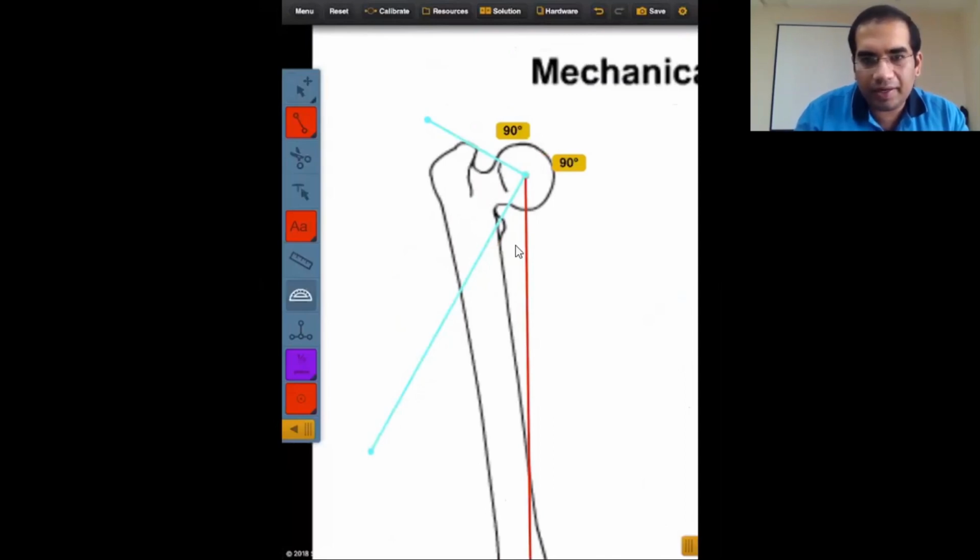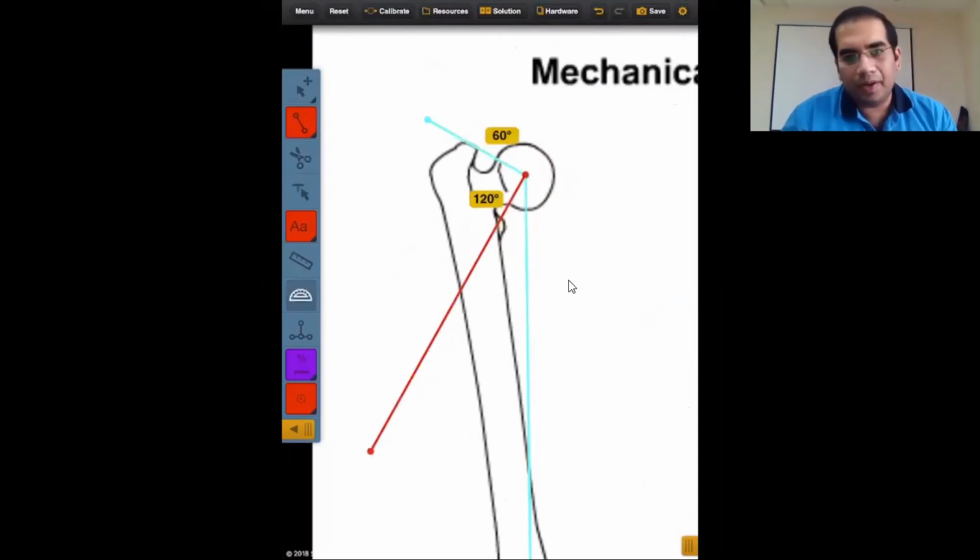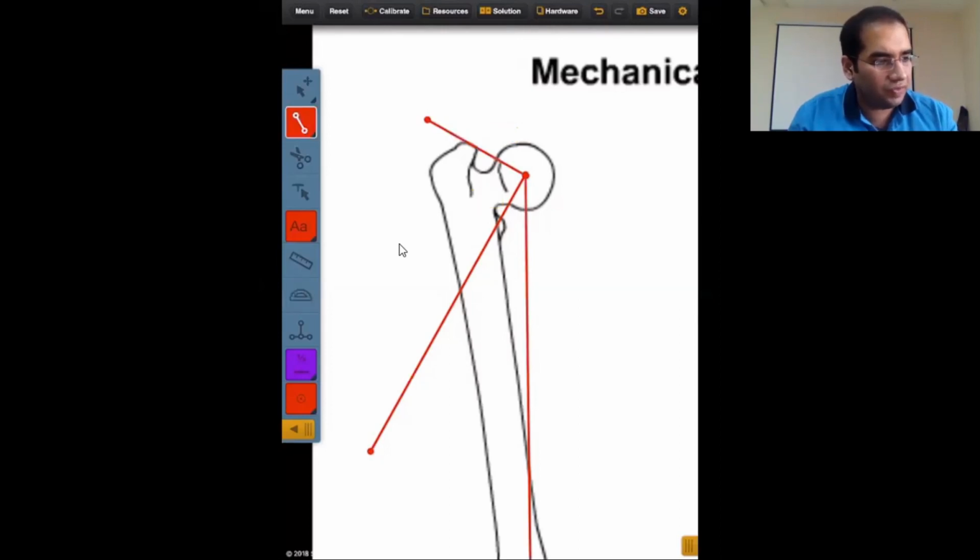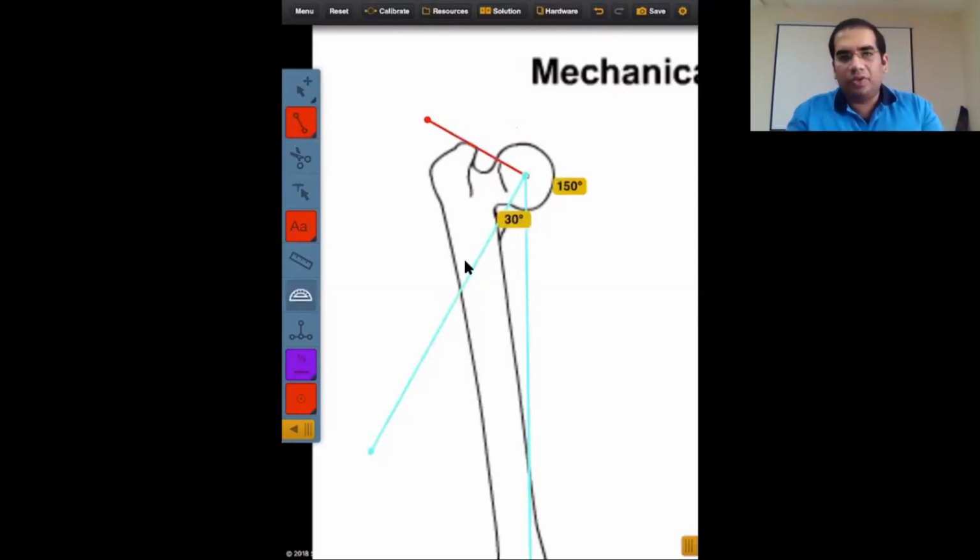The normal angle is 90 degrees and the angle which we have got right now is 120 degrees. And since these two lines have crossed each other at the center of the head, we will say that the deformity is intra-articular. It is an intra-articular deformity and the magnitude of the deformity is 30 degrees.